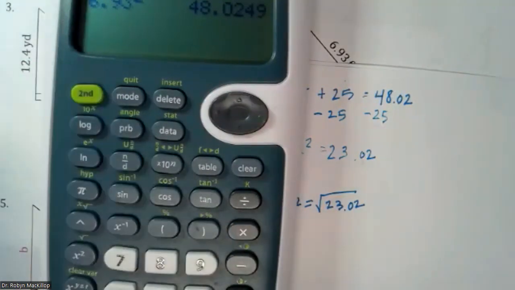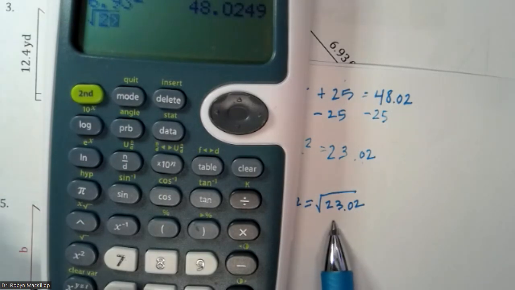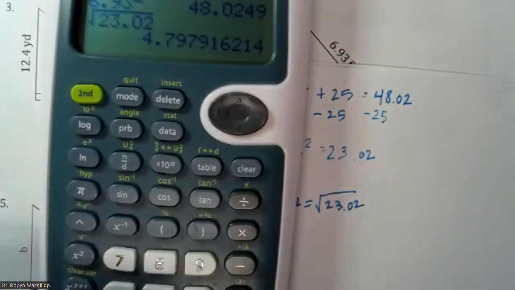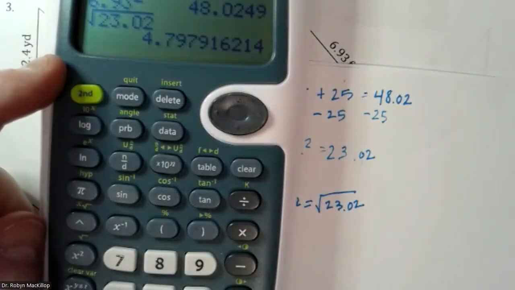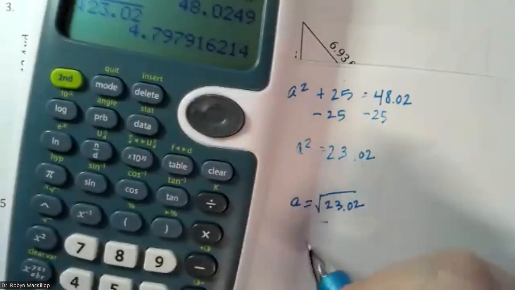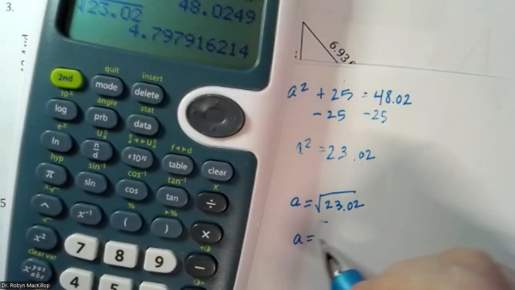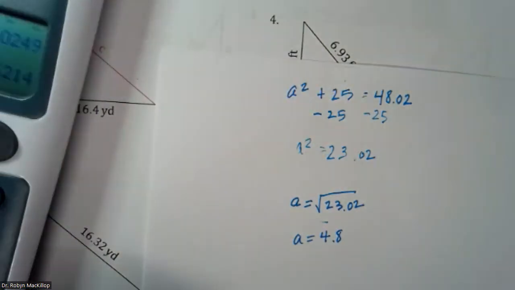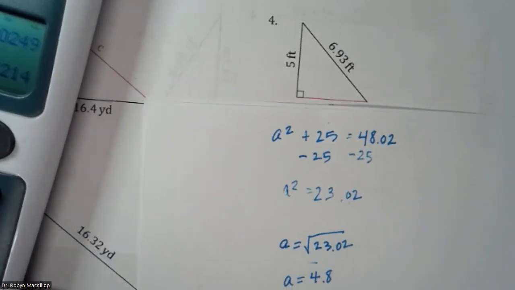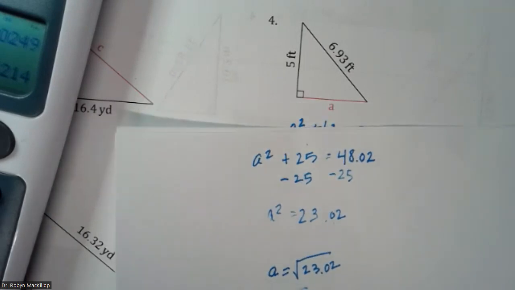So you hit the green button, hit your square root sign, type in your number, 23.02, equals. Excuse me. Bless you. Thank you. And we end up with 4.8. So A equals 4.8. Now, if we look at the triangle again, 4.8 makes a lot more sense for A, doesn't it?